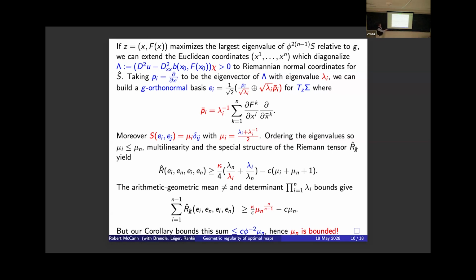And now I'm going to take this partial trace of the Riemann tensor. And so I'll end up with things like the sum up to n minus 1 of lambda I over lambda n. And the domination of the means tells me that this is bigger than the nth root of the product of the lambda i's.